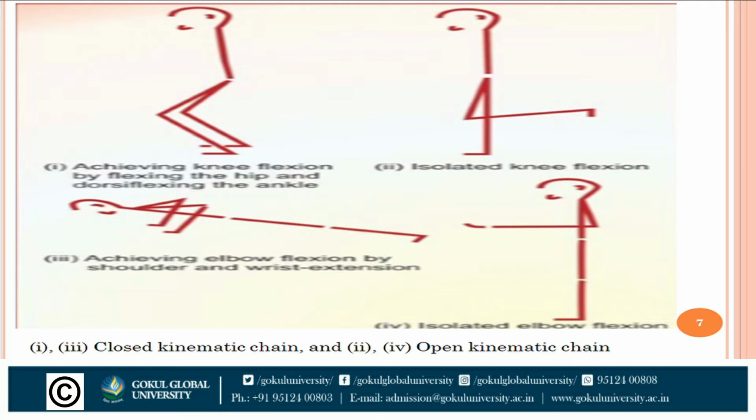The same elbow flexion and knee flexion in picture number 2 and 4 are examples of open chain exercises. From this, we can identify that as per the requirement, for the same movement we can use both open and closed exercises.